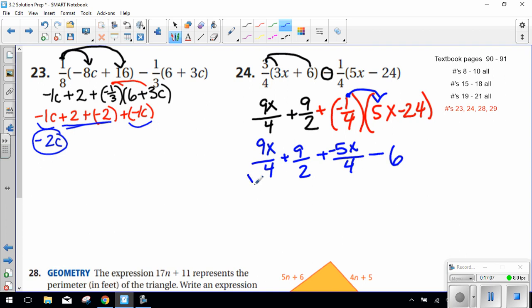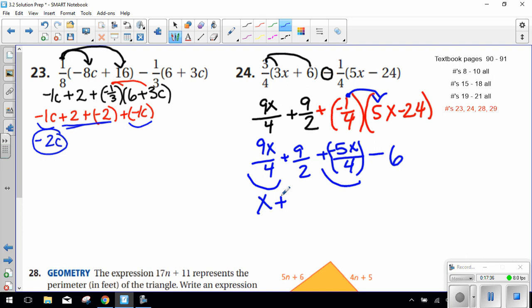Okay, I'm going to take 9/4x and add negative 5/4 to get 9 minus 5 is 4/4x, which becomes x. And then in your calculator, you will do 9/2 minus 6, and you'll get negative 3/2.